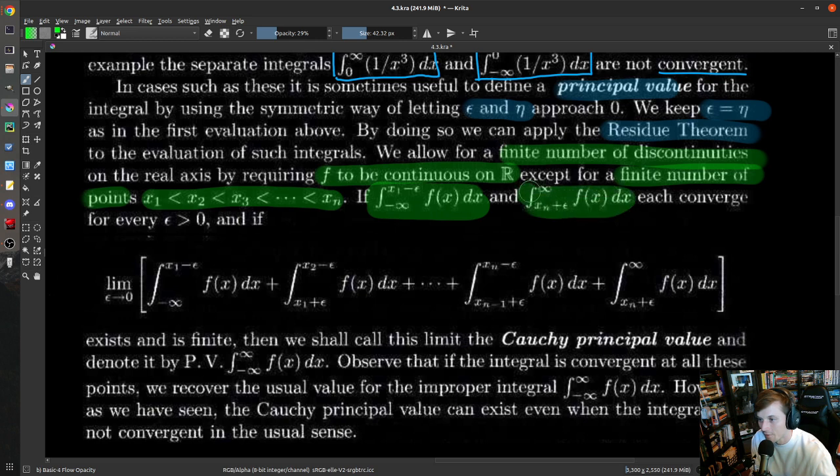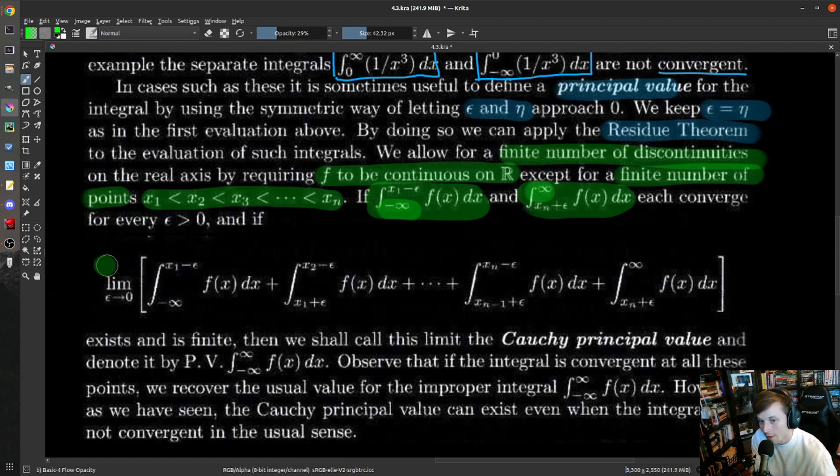Each of these two will have to converge for every epsilon greater than 0, since they are defined in terms of limits, since they involve a minus infinity and a plus infinity. Those are improper integrals. So those will have to converge for every epsilon greater than 0.